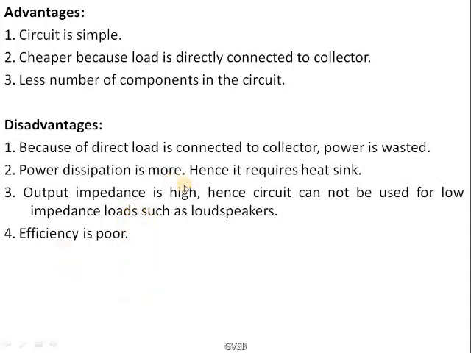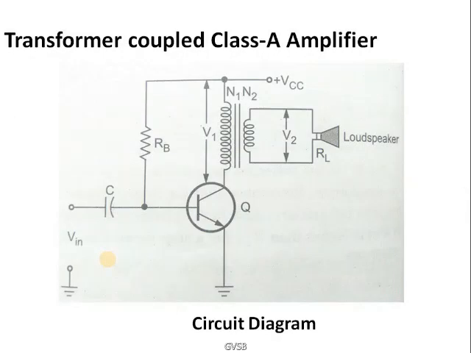Because of these disadvantages, we are moving to the next type of Class A power amplifier, that is the transformer coupled Class A power amplifier. This is the circuit diagram for transformer coupled Class A power amplifier. The only difference here is that RL is replaced with the transformer primary winding.